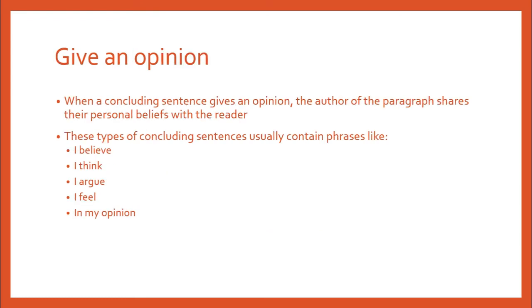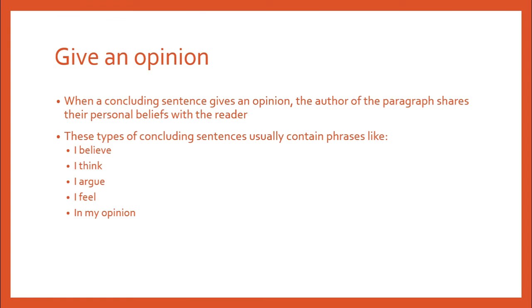Next are concluding sentences that give an opinion. So when a concluding sentence gives an opinion, the author shares what they personally believe with the reader. And so there are a lot more ways that an opinion kind of concluding sentence can appear in a paragraph.